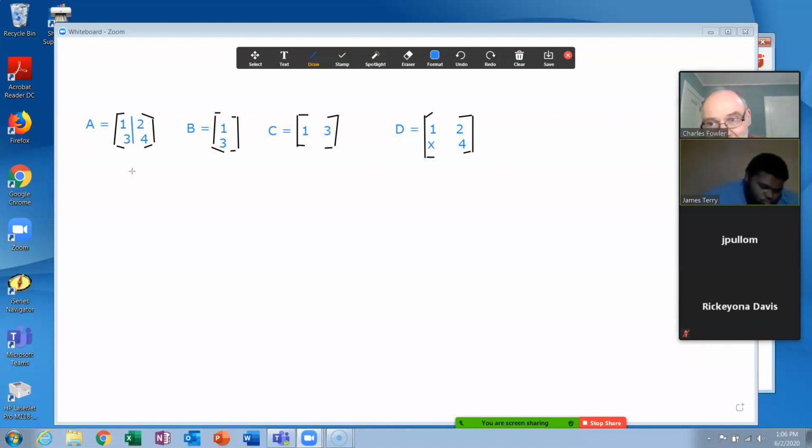Now, since we said that a column matrix may also be known as a column vector, and a row matrix could also be known as a row vector, let's use these two. There's a column vector 1, 3, same as B, and another column vector 2, 4 that they don't show here.